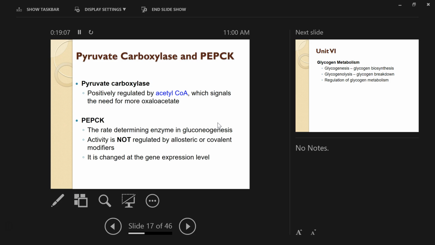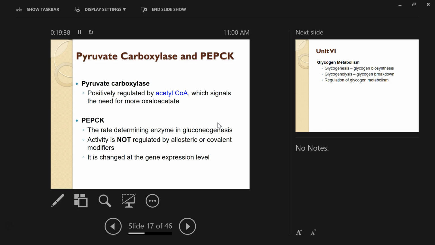Pyruvate carboxylase is positively regulated by acetyl-CoA levels, which means that the cell needs more oxaloacetate for gluconeogenesis, right?